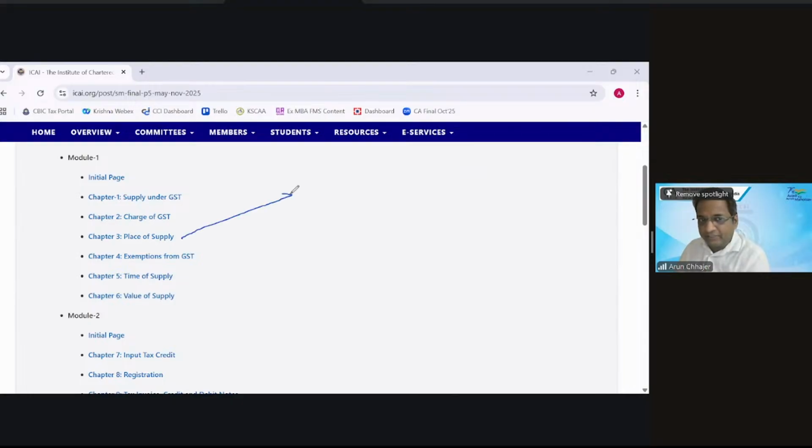Again, I'm taking the place of supply chapter. Mr. A, an unregistered person located in Delhi, has a Maruti Suzuki car.